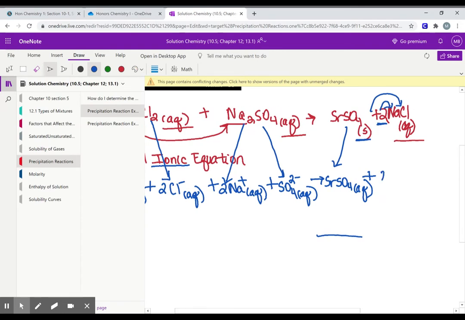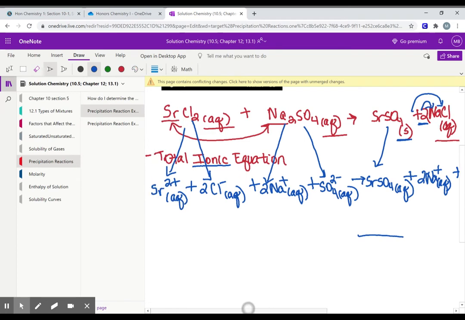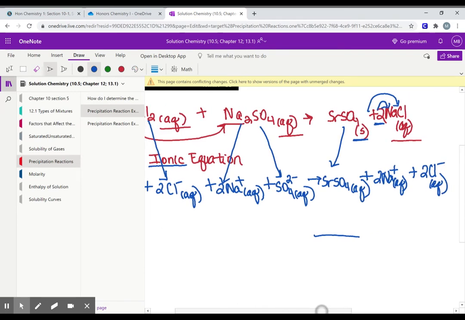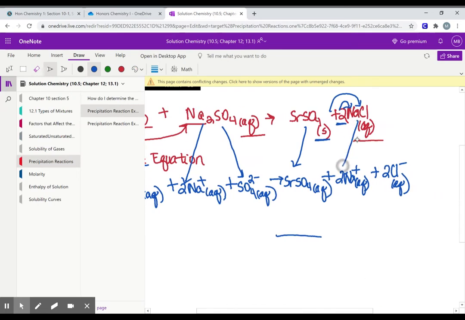So I have 2 sodium ions, and I'm going to have 2 chloride ions. Oh, and I probably should draw my arrow here to show you that these have broken apart into those ions.